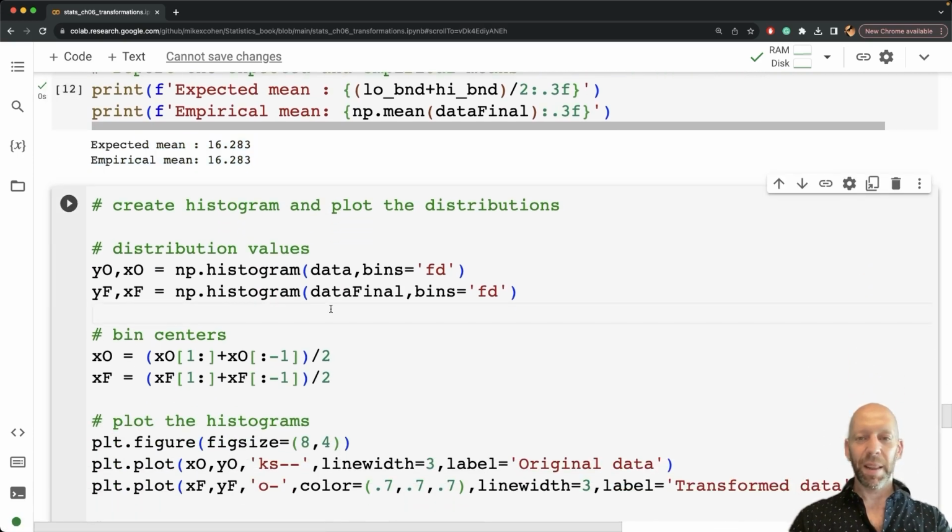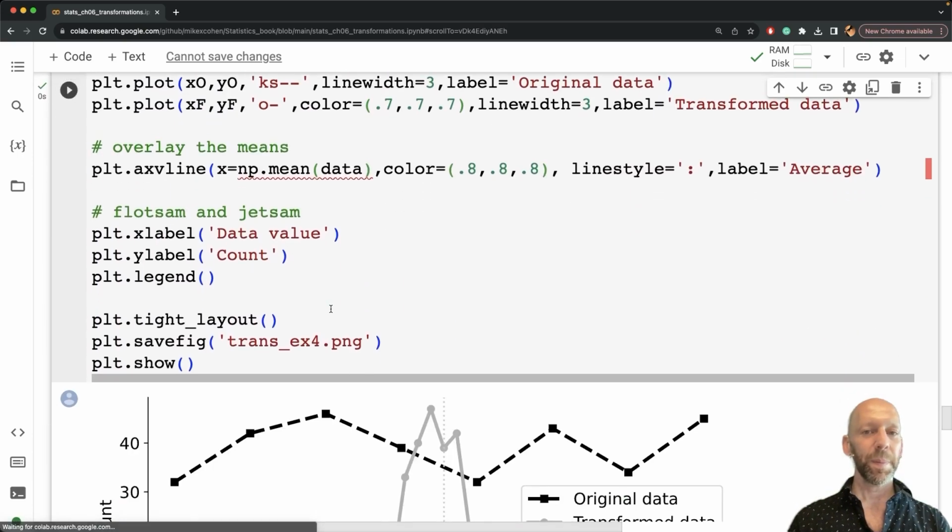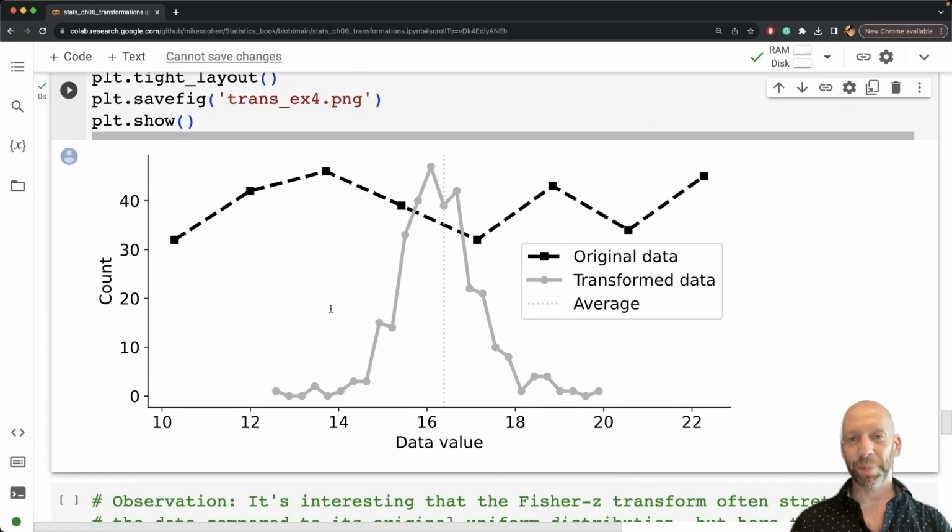Here is where I create the histograms. And yeah, looks good. One of the concepts that I would like to stress with this exercise is that it's not often the case. Sometimes it's the case that you only need to transform the data once, but often it is the case that you need to apply multiple transformations, so a sequence of data transformations in order to obtain the data characteristics that you want to get.